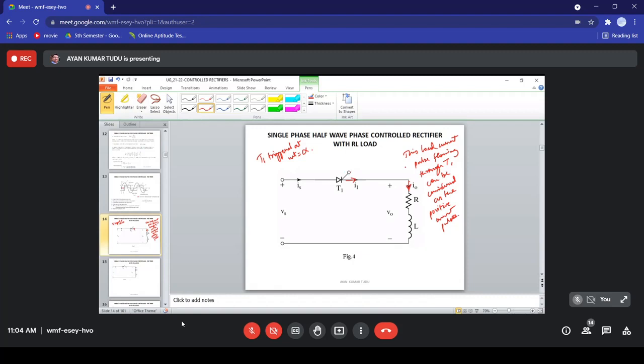Please note that due to the presence of this inductor, the load current I0 flowing through T1 would not fall to 0 at omega T equal to pi.